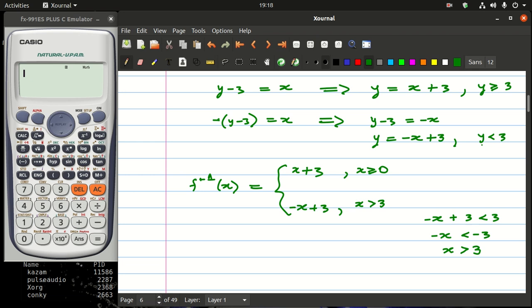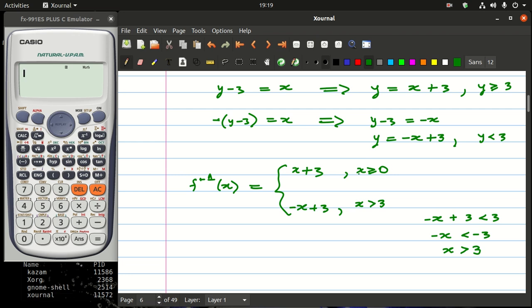Now, what is the domain of this particular function here? That is the question now. Can I plug in negative values here? If I have a value that is bigger than 3, I can plug it here, fine. If I have a value here that is bigger than or equal to 0, it can be plugged.